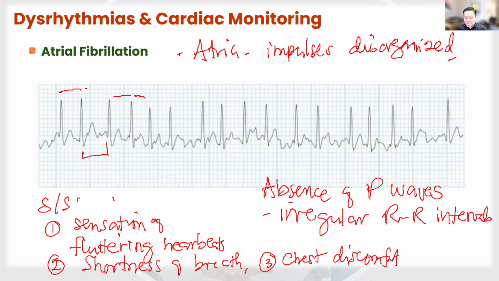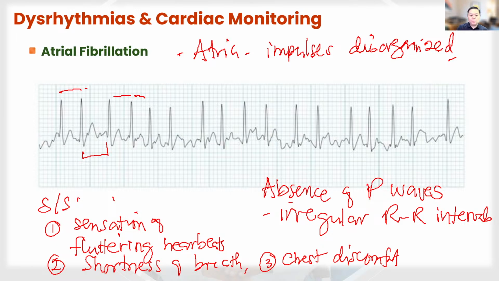So again, they will become short of breath. They probably would end up with chest discomfort because the heart itself is not getting enough blood supply or oxygen. They will feel that sensation that their chest is pounding. They probably would start to get confused, disoriented, or they may feel some lightheadedness as well.